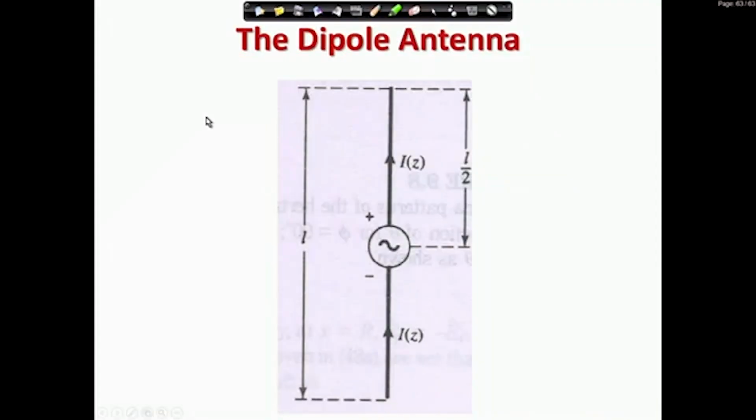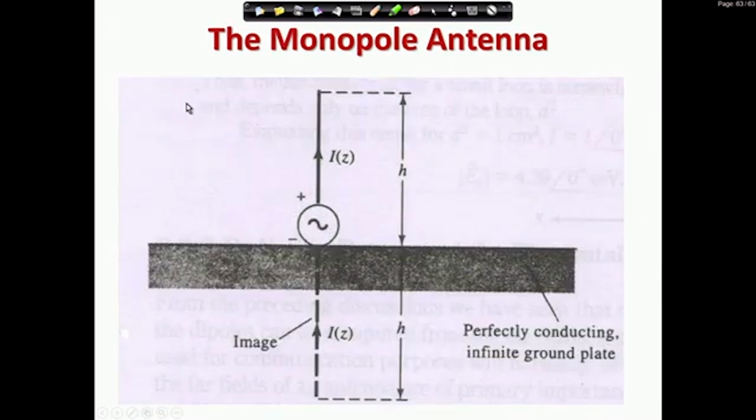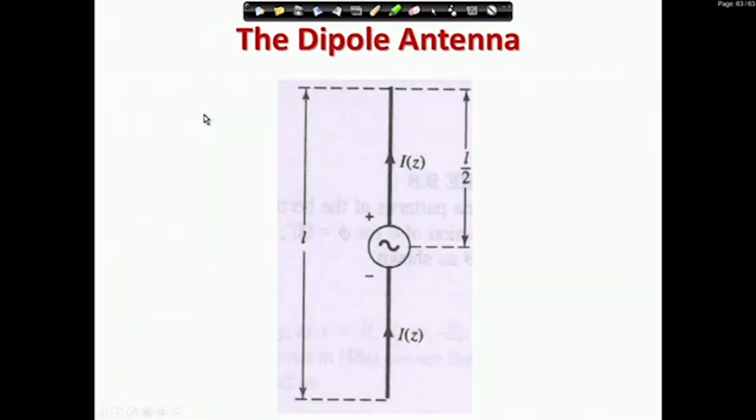The first one, you can see in the view graph, is the dipole antenna, which you will see everywhere. It is very popular and very useful.